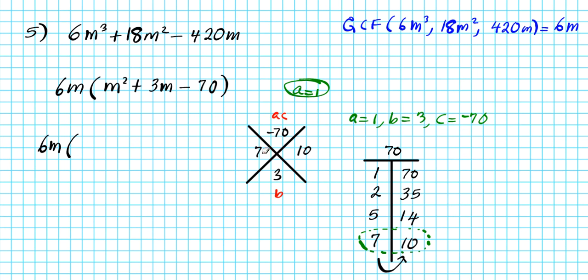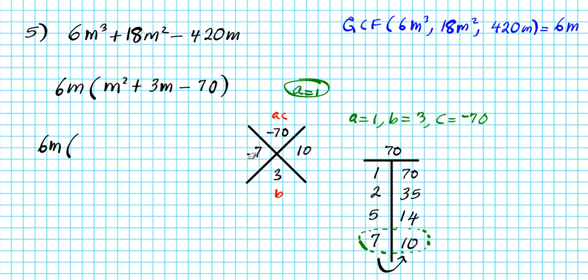When you put the numbers in the x game, you want to ask yourself, does it work? 7 plus 10 is 17. We need the difference. So let's try this. How about we make 7 negative? If we make 7 negative, 10 minus 7 is positive 3.